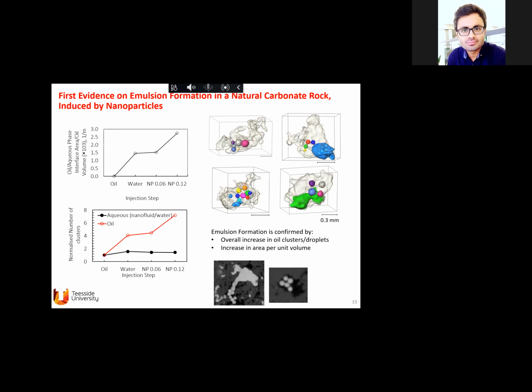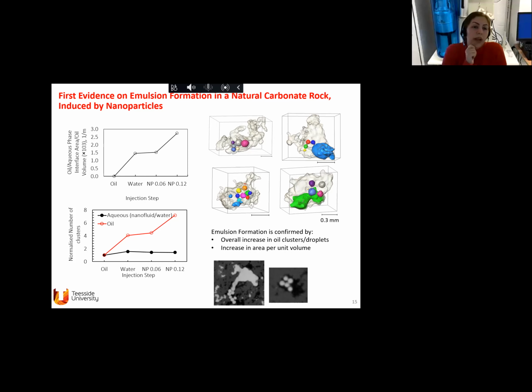Am I missing something or am I mistaken? Because you have said after you have injected the nanoparticles, the surface area between oil and water has increased, which means more smaller droplets, not fewer bigger droplets of oil.